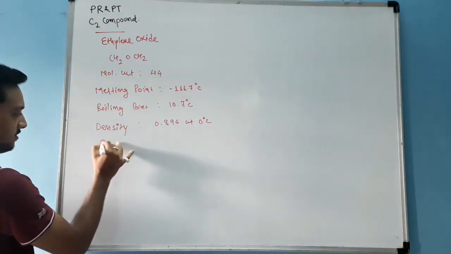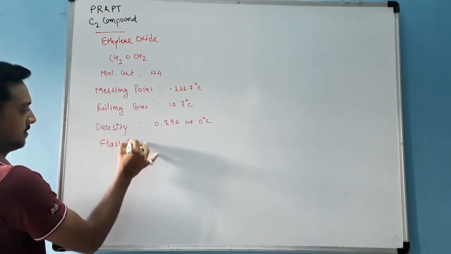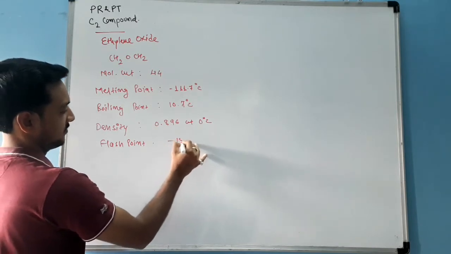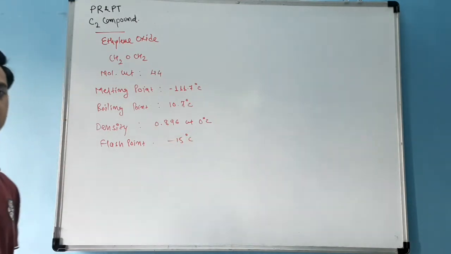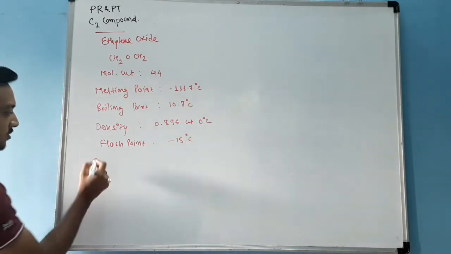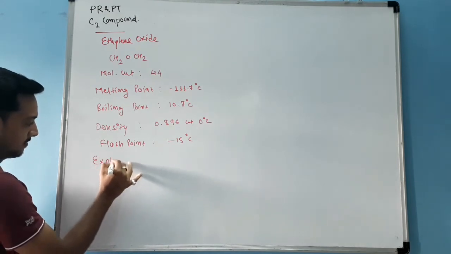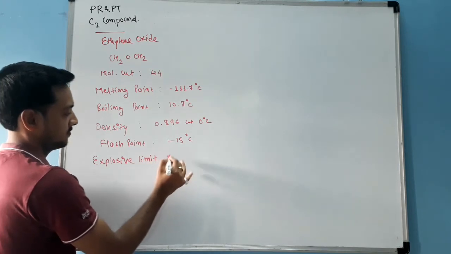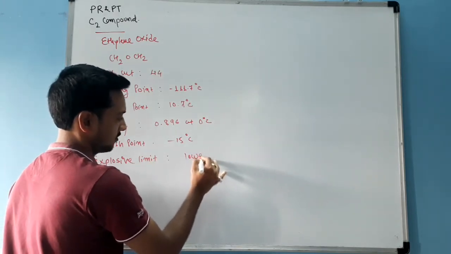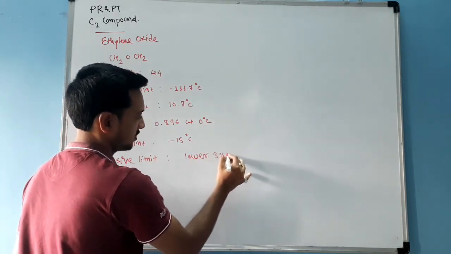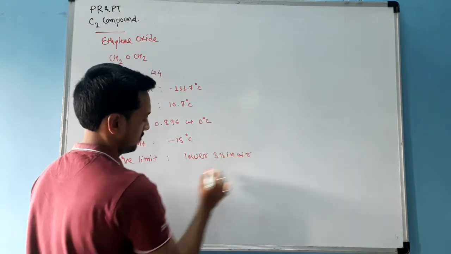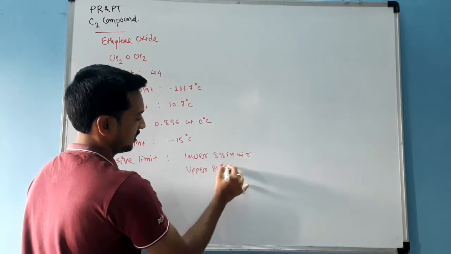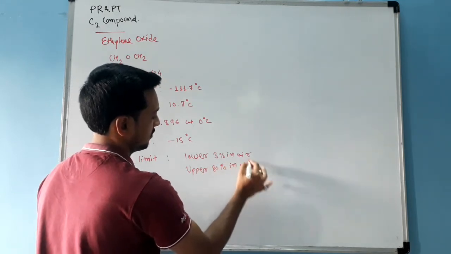Flash point minus 15 degree Celsius. Explosive limit lower 3% in air, upper 80% in air.